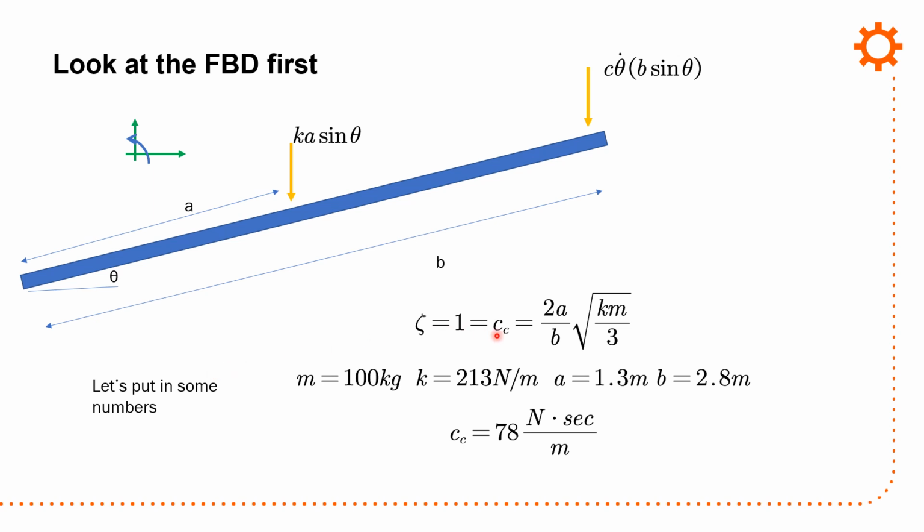So putting in the numbers that you have, zeta equals 1 is going to be critical damping. M equals 100, K equals 213 newtons per meter. I put weird numbers occasionally just for getting something out, 1.3 meters and 2.8 meters for A and B respectively. And your critical damping coefficient ends up being 78 newton second meters.